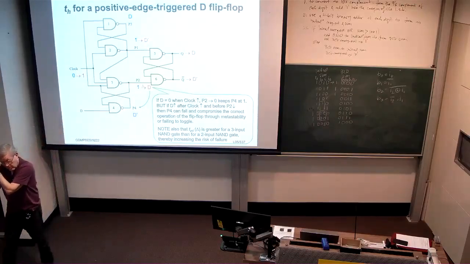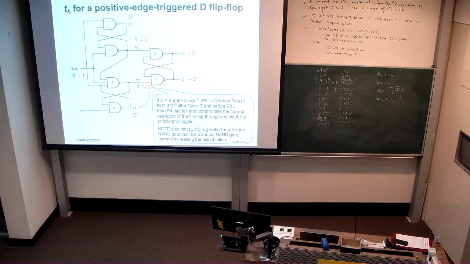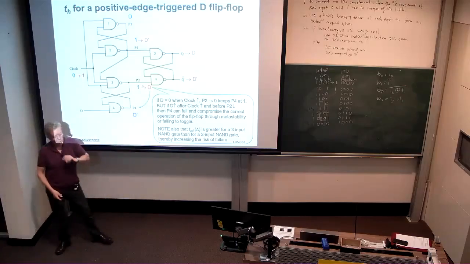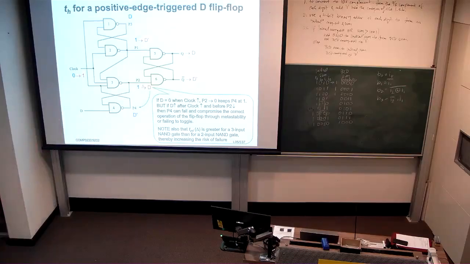And as a consequence, we could have a failure of the flip-flop to accurately trigger based on the value of D. All right, so that's really why we need to also be concerned about how much time after a clock edge we hold the input constant for. We have to ensure that it's held constant for a period that allows the input to be seen at the output of the flip-flop. Okay?